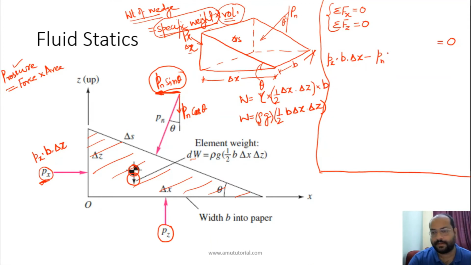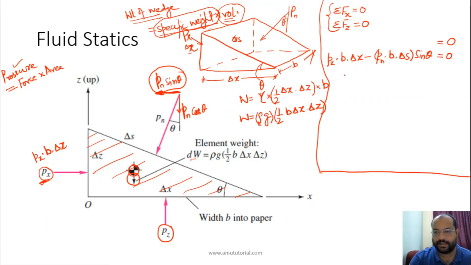Pn is the normal pressure which is acting over this surface. So the force will be Pn b delta S, and since the horizontal component is Pn sine theta, the horizontal component of this force will be Pn b delta S sine theta, and this should be equal to 0.